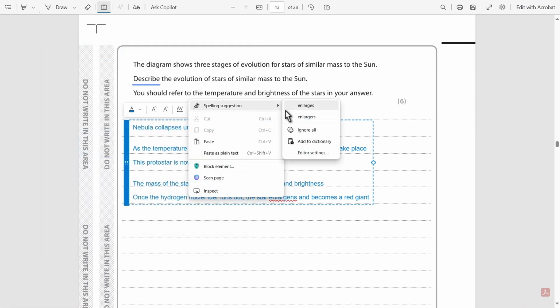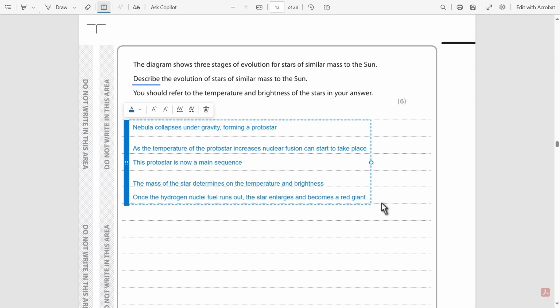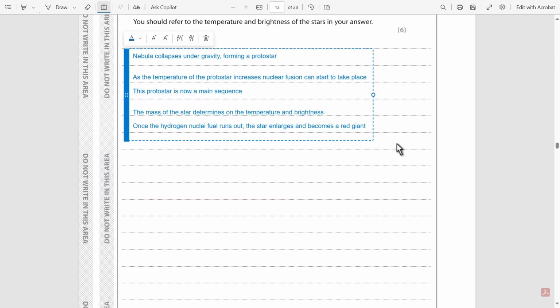The star enlarges. Oh, okay. Red giants are brighter, but they have a lower temperature. They're brighter and cooler than most main sequence stars.